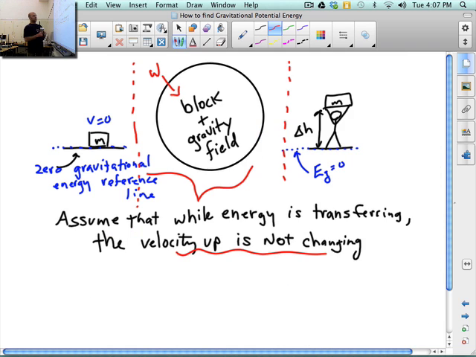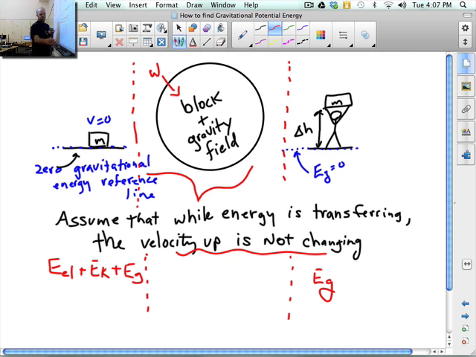So, do we have any elastic energy in the beginning? No. Any kinetic energy in the beginning? No. Any gravitational energy in the beginning? No. But in the end, we somehow magically have energy stored in our gravity field, right?